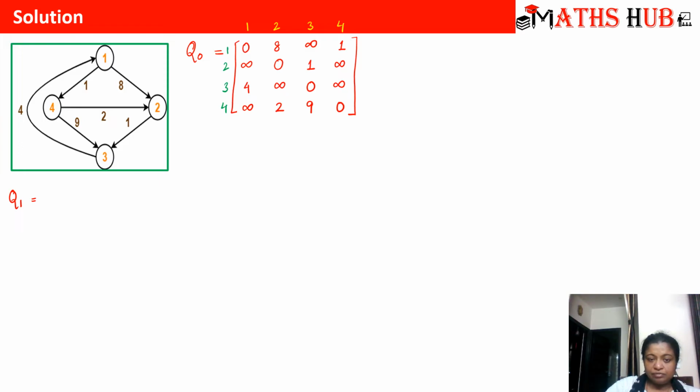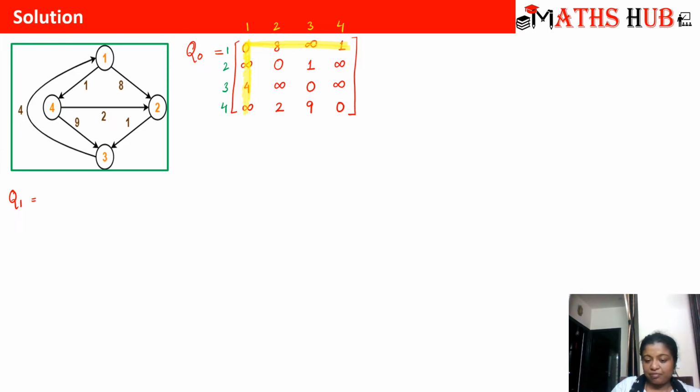When we are writing the first weight matrix, the first row and the first column will remain unchanged. So the other entries are going to change. Let us find out the first entry.